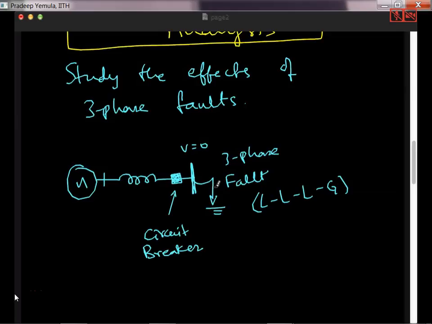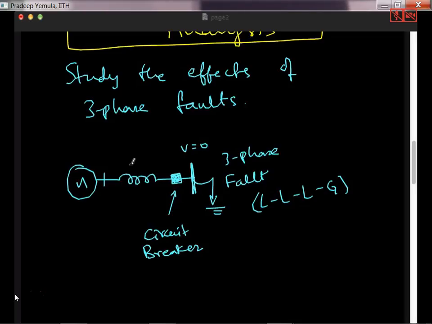Here you measure the fault current, and if the fault current is more than a certain value of current... So for example, for a three-phase fault, the fault current is 2000 amperes. If the current that you calculate in your analysis is 2000 amperes, you will make the relay setting somewhere around 1800 amperes or 1500 amperes. Therefore, whenever a fault occurs, the fault current will be more than your setting, the fault is detected, the circuit breaker opens, and then the circuit gets disconnected. So that is the scenario.